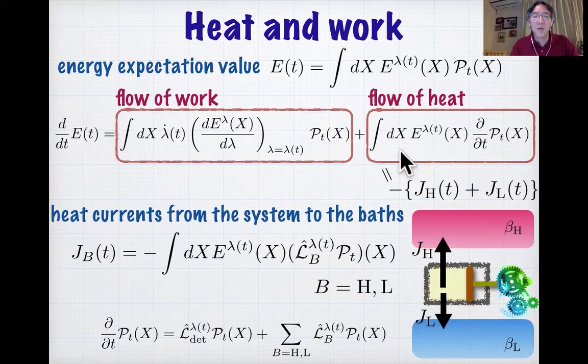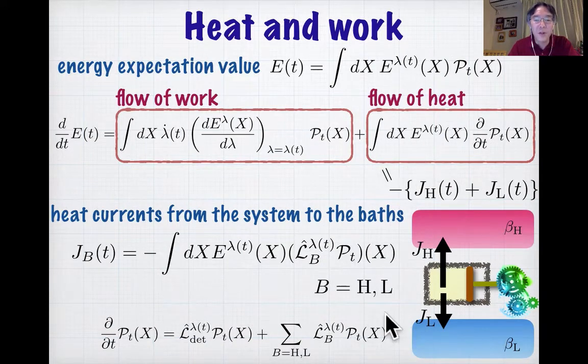And usually when we have a change in energy which is not mechanical, we interpret that change as flow of heat. Moreover, you can easily find that this part, the flow of heat, can be written in this form with J_B defined in this way. This is just an easy calculation, and it follows from this master equation.